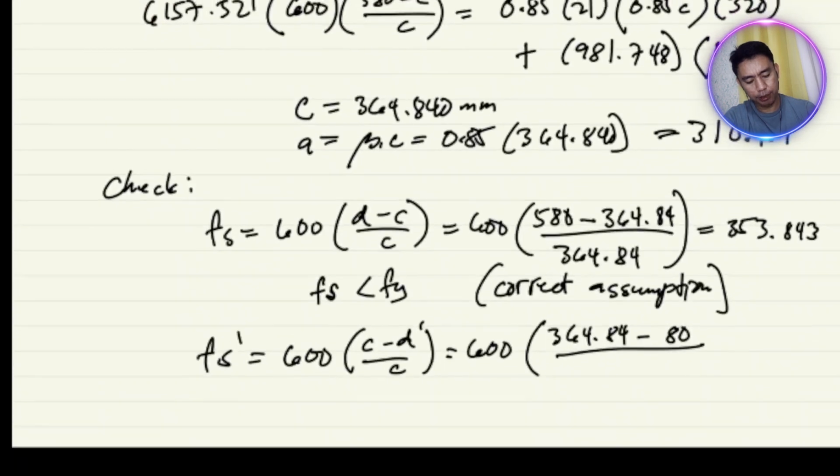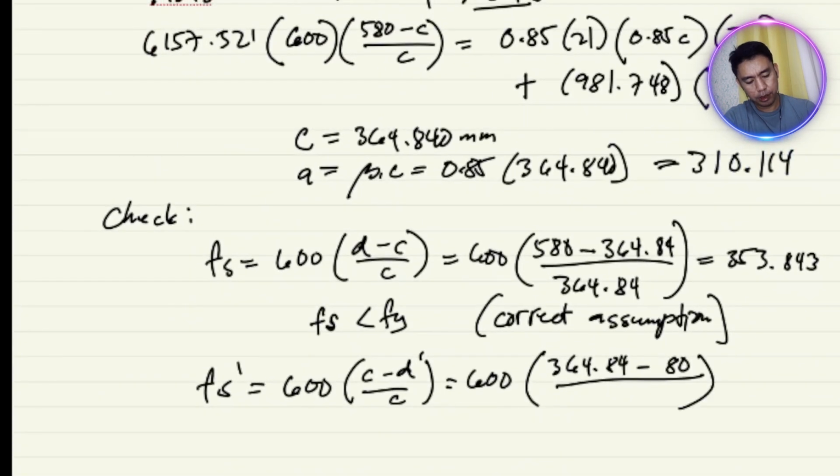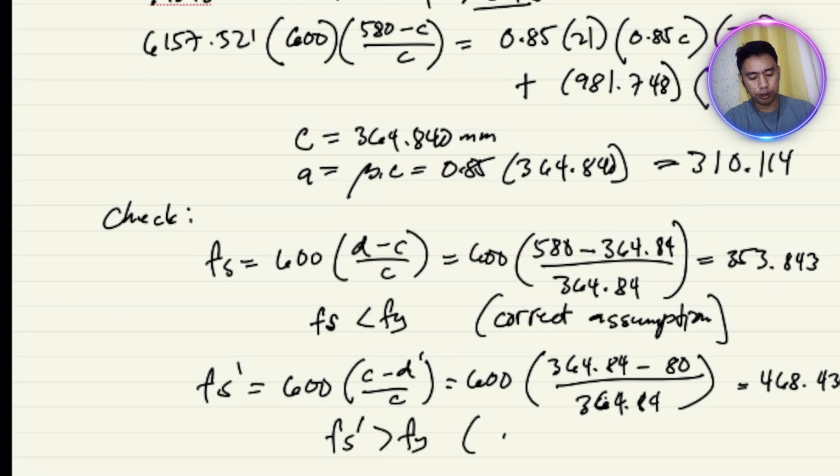Yeah, 80 yung D prime over C, 364.84. So Fs prime here is 468.434. So ang compression steel is greater than Fy. So correct.